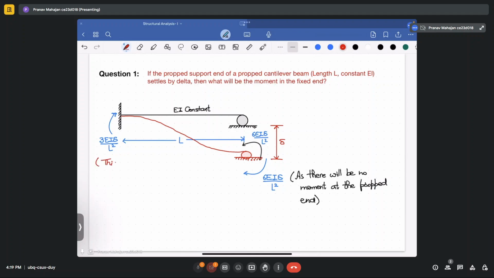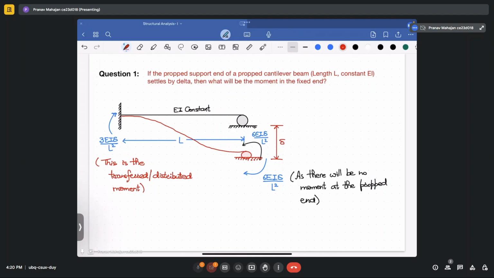So this is the transferred or distributed moment. Okay, so if the support settles, this moment is generated.